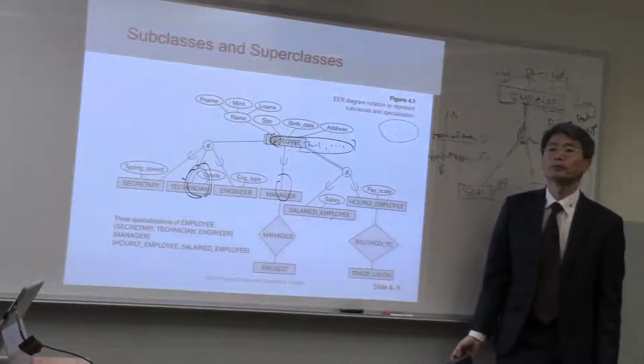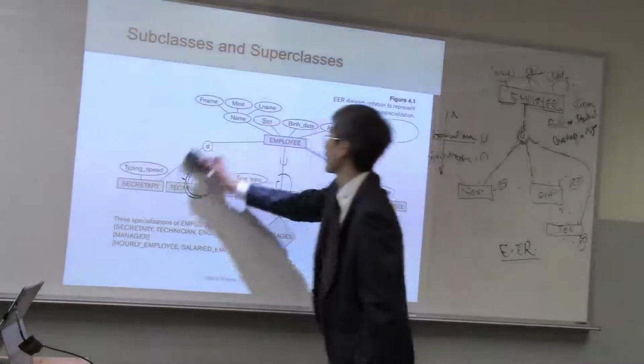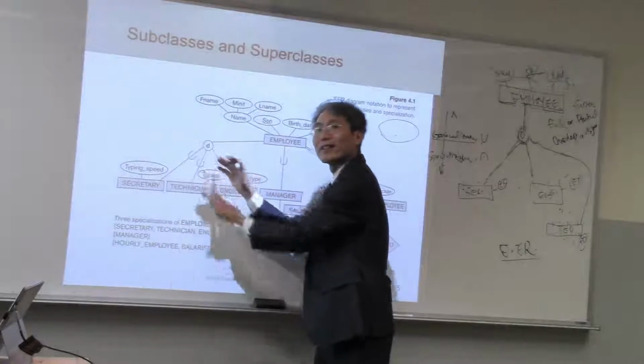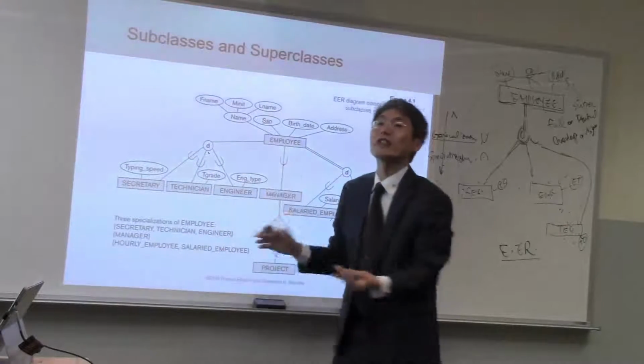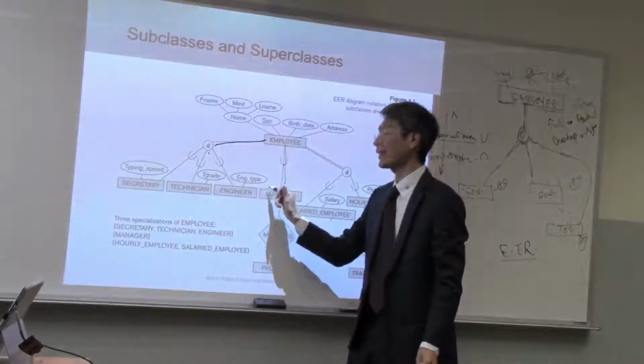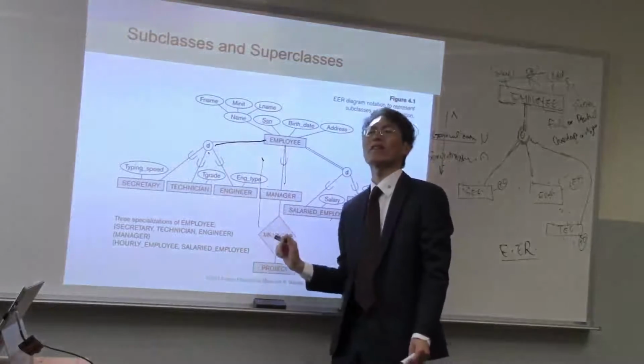And if I'm a technician and manager at the same time, then why don't we have that overlap generalization here? So his question is, why don't we combine this information and this? That may be possible, but the subclass information is totally different.